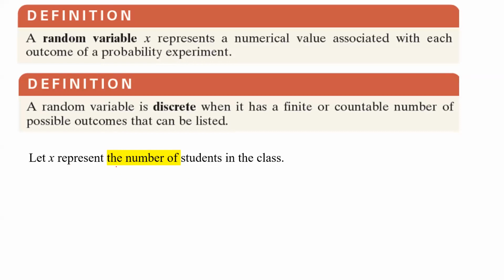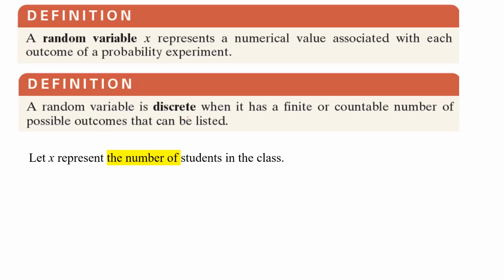You can list how many students you have in the class. You can count them. And the keyword highlighted here is the number of. So when you're reading a paper, listening to news, or working on your homework problems, the keyword, the number of, represents a discrete random variable.